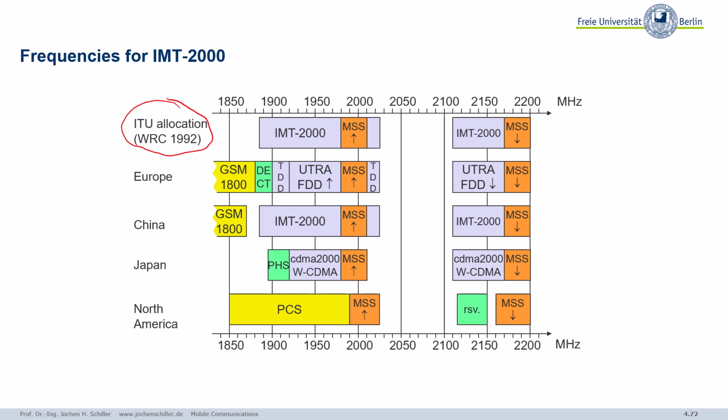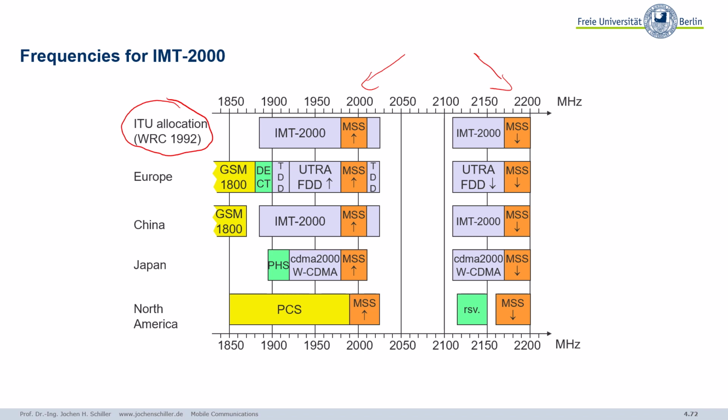So this allocated spectrum contains a part of the spectrum for terrestrial services, here denoted as IMT 2000, plus mobile satellite services, here shown in orange, an uplink and a downlink. And for the satellite services, well, this should be roughly the same spectrum around the globe.